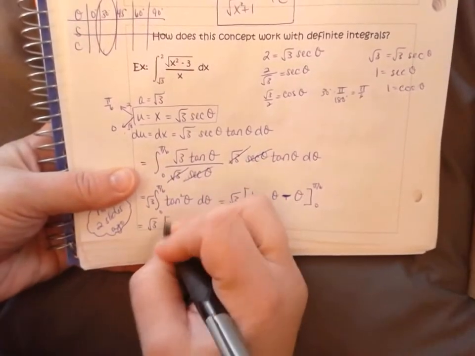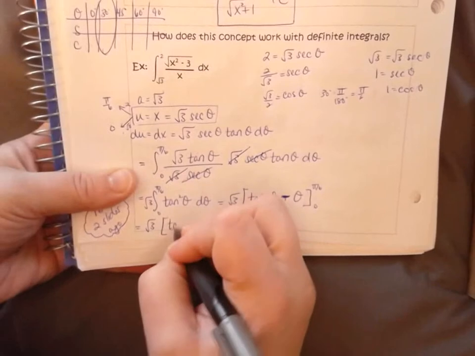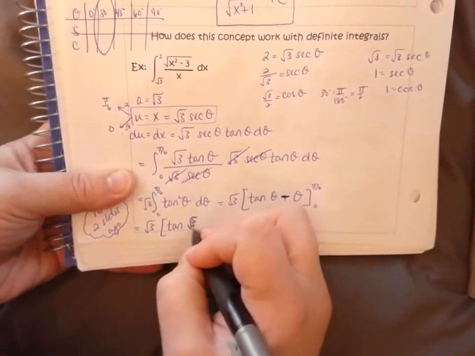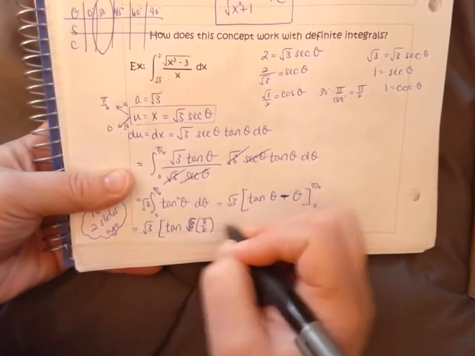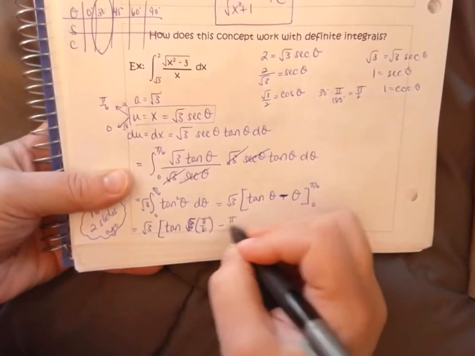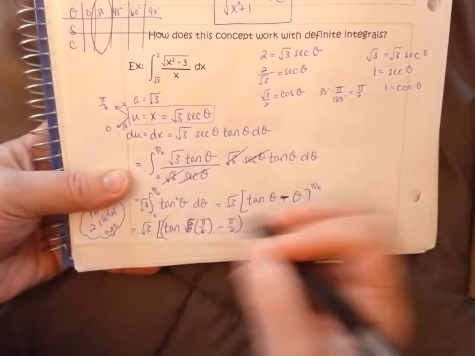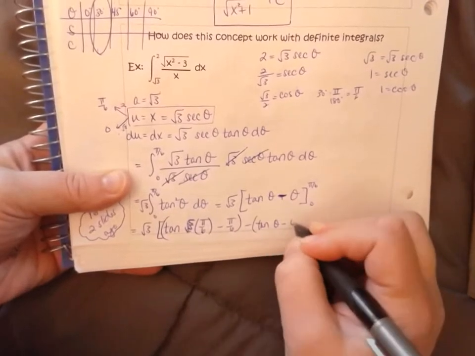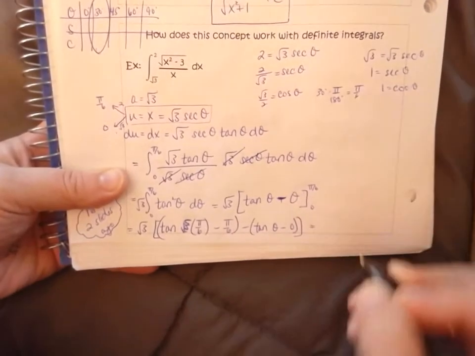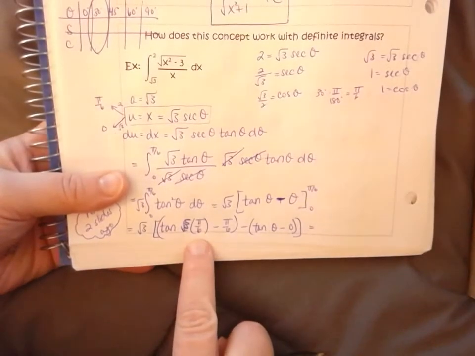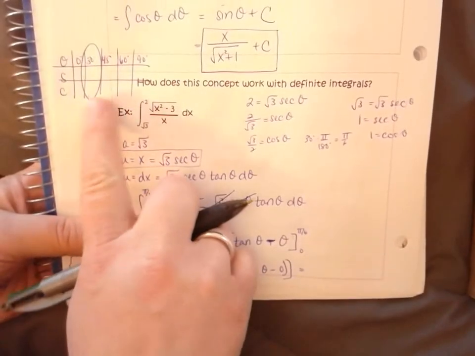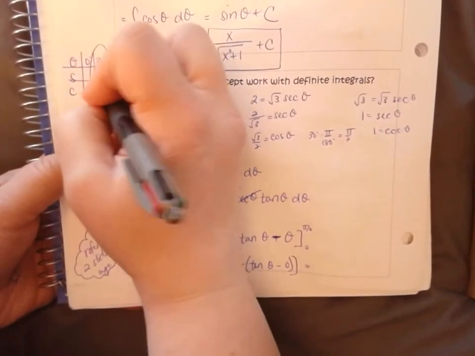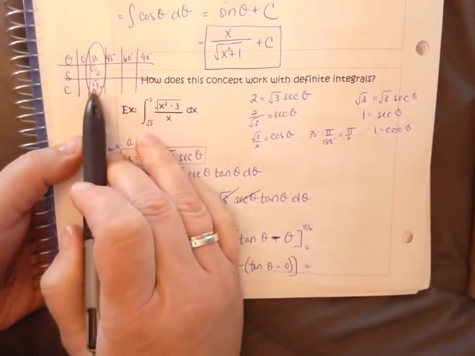And I'm going to figure out tan of pi over 6 minus pi over 6 minus tan of 0 minus 0. Alright, pi over 6 is 30 degrees, tan is sine over cosine, so at 30 degrees, this is root 1 over 2, this is root 3 over 2, so it's 1 over root 3.